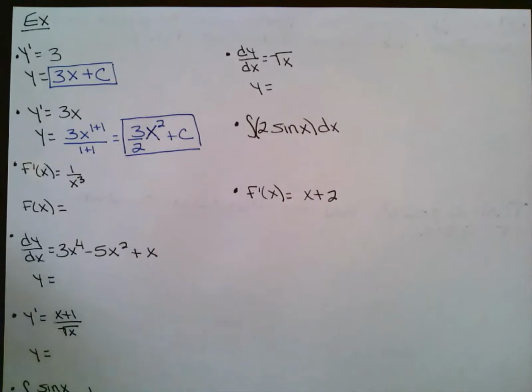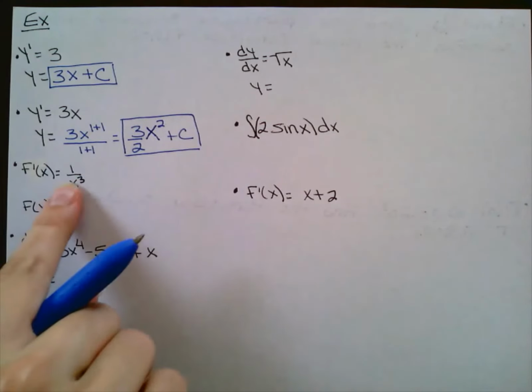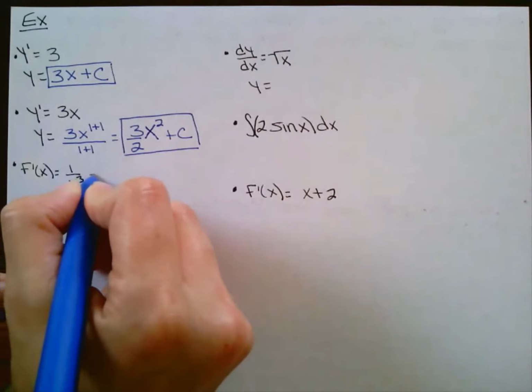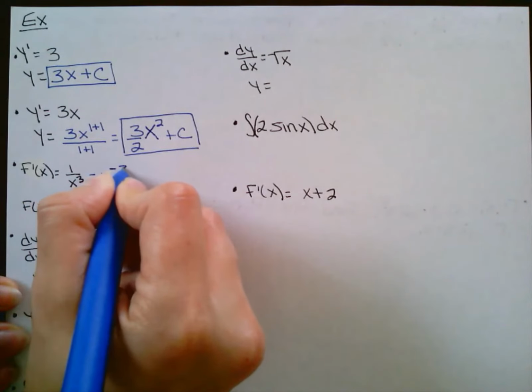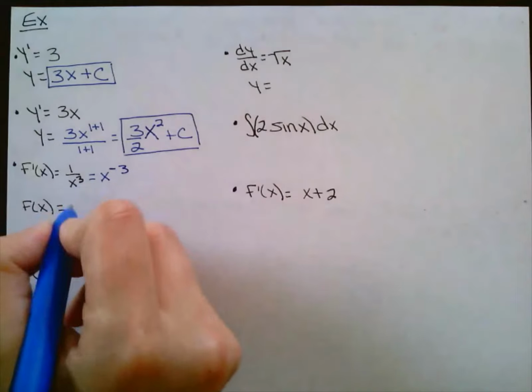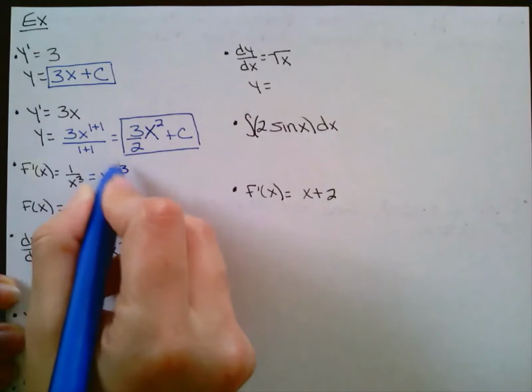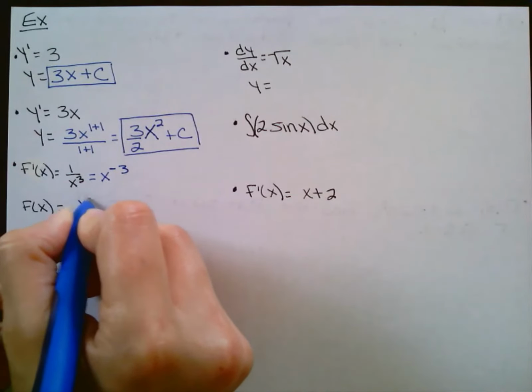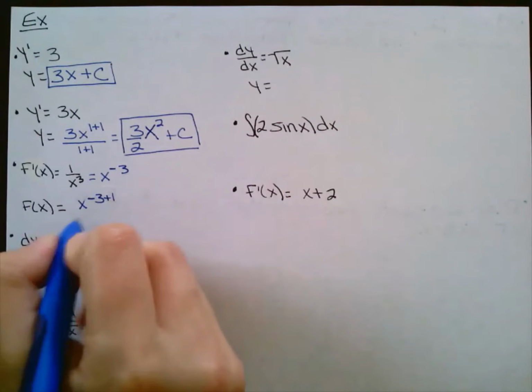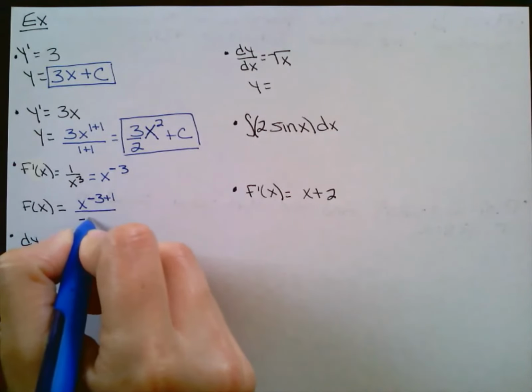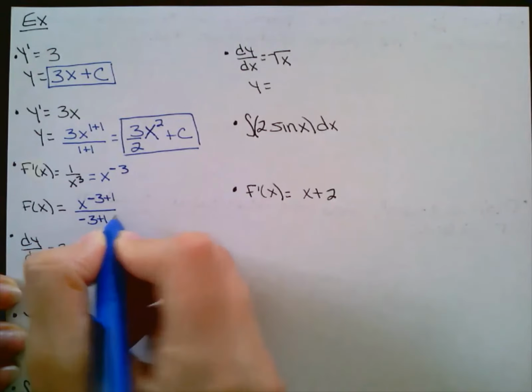Now, in derivatives, you learned that if you had the variable in the denominator, or if you had a radical, you would rewrite those with fractional exponents, and if you need to, bring them up with negative exponents. Same applies here. So before I even start doing the antiderivative, I'm going to rewrite this as x to the negative third. Now I can do the reverse power rule of saying I'm going to add 1 to this exponent and then divide by that new exponent.